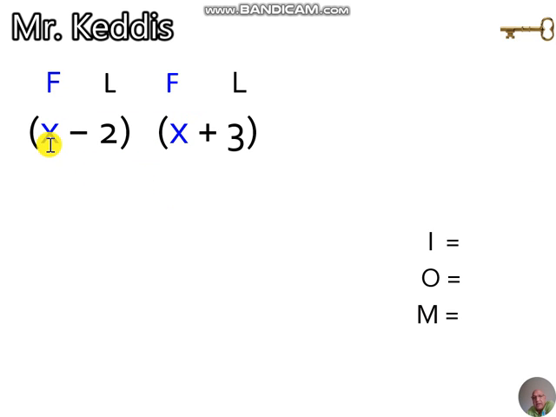Okay, we need to multiply the binomials x minus 2 times x plus 3. X times x, I get x squared. Negative 2 times positive 3, negative times positive means the sign is negative because different signs, negative 6. This is the inner term, which is negative 2 times x, negative 2x.